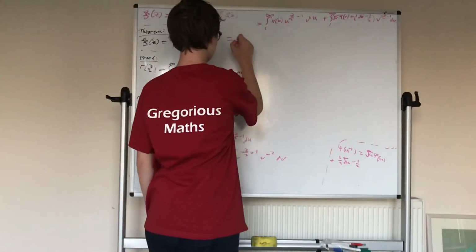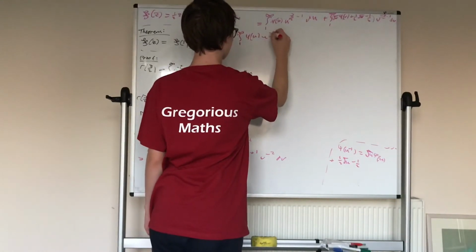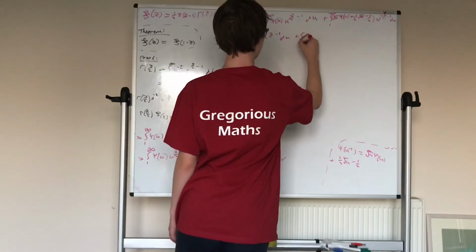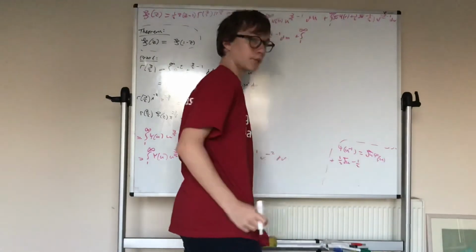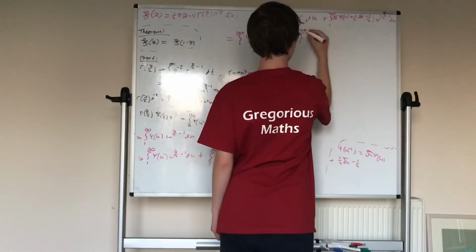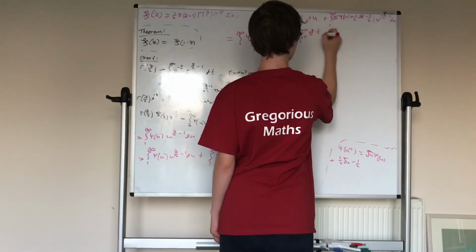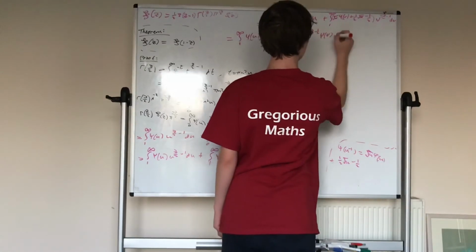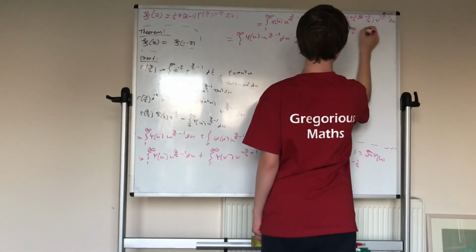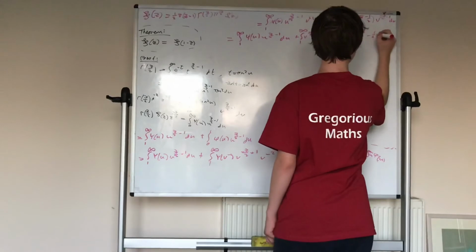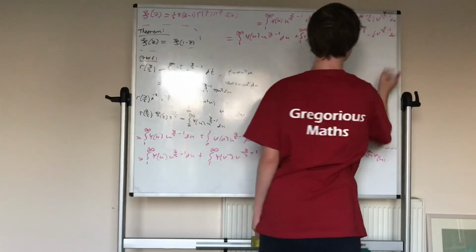So doing all of this leaves us with the integral between 1 and infinity of c of u to the z over 2 minus 1 du, plus the integral between 1 and infinity of, this times this, minus 1 plus 1/2 is minus 1/2, so we're going to get v to the negative z over 2 minus 1/2 c of v plus 1/2, and again we're going to get v to the negative z over 2 minus 1/2 minus 1/2 v to the negative z over 2 minus 1 dv.